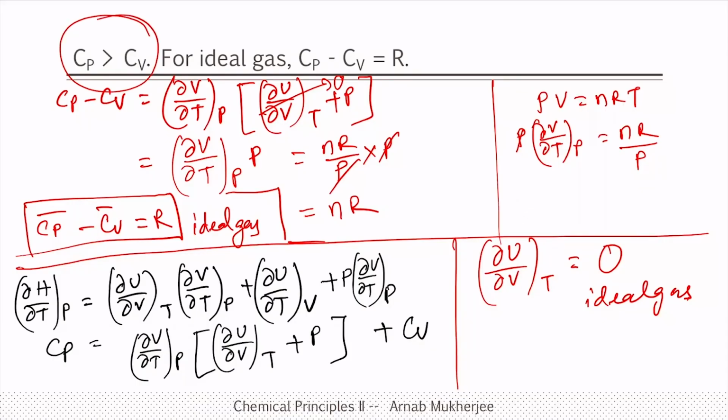It will be Tv alpha square by kappa T. We have not defined any of this, so right now you do not worry about it, but you are going to have very general expressions of Cp minus Cv. But for an ideal gas, Cp minus Cv is R, and since R is a positive quantity, we can say that Cp is greater than Cv.